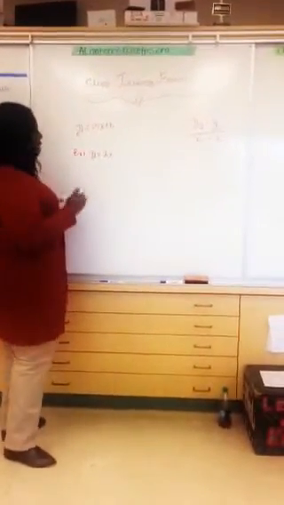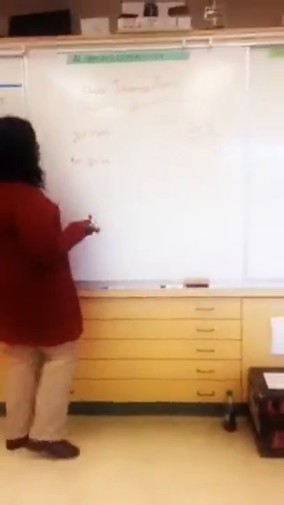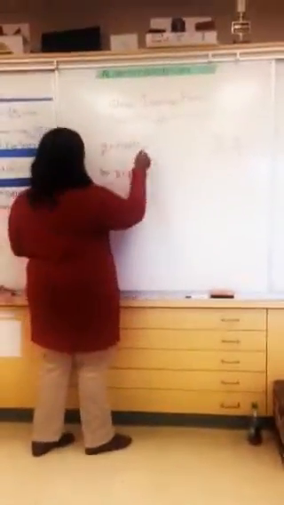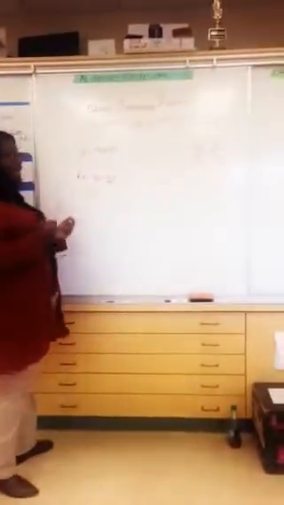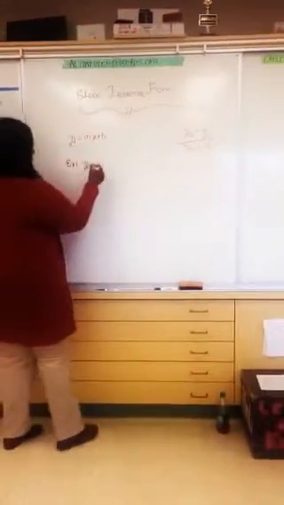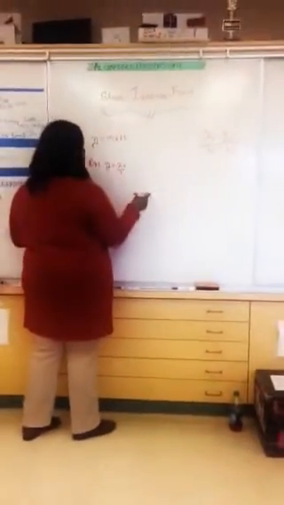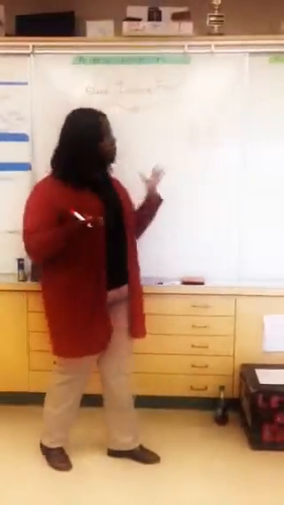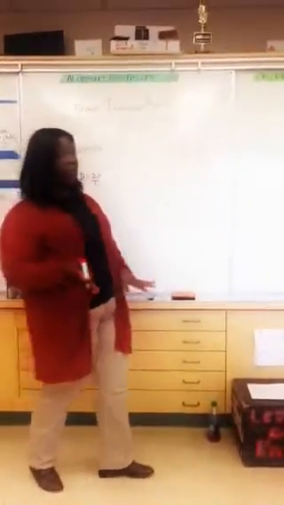When you don't have anything in the denominator for your slope, there's always an imaginary 1 under it. So it would be 2 over 1. So when you graph it, you go up 2 over 1 to the right. Say if your 2 was negative, you would go down 2 over 1 to the left. It always depends on if your slope is positive or negative.